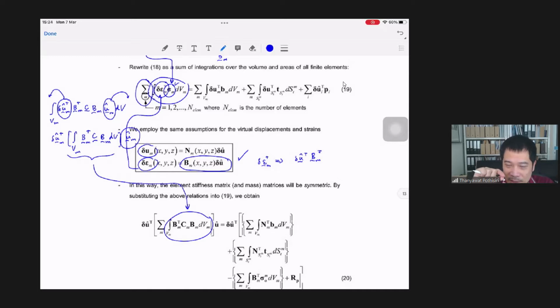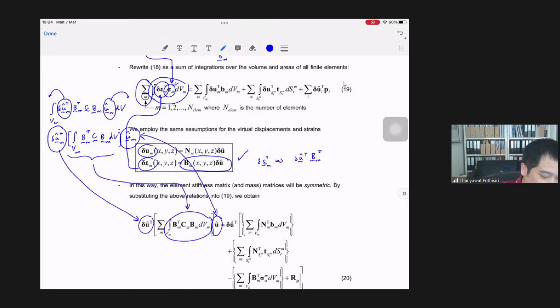So the nodal displacement of each element should be compatible with the nodal displacement of the structure. If you can match this, and do the same thing for the virtual nodal displacements, then somehow you should be able to write an equation for the entire structure, okay?